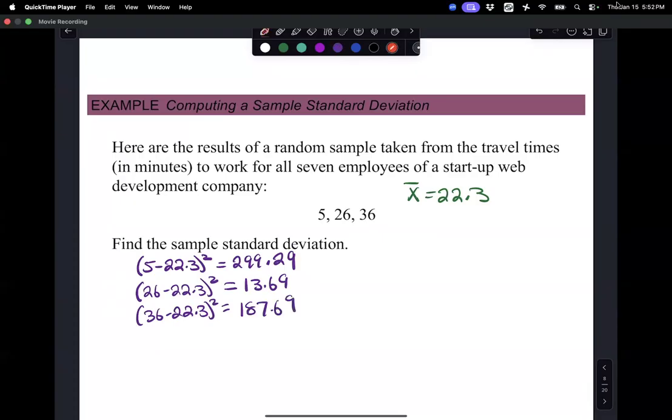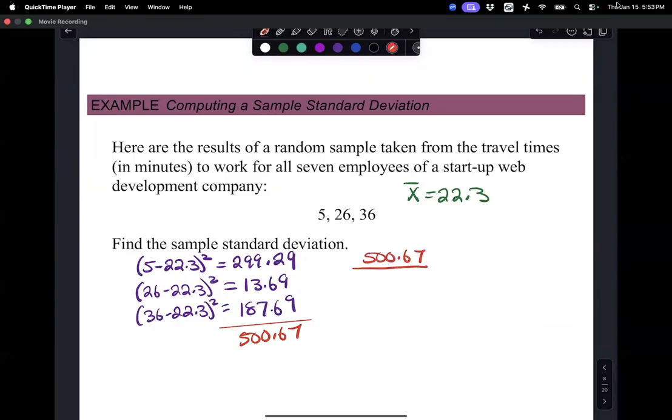Okay, once again, I'm going to add these together. Except apparently I can't. Typo queen rides again. Okay, I got 500.67.